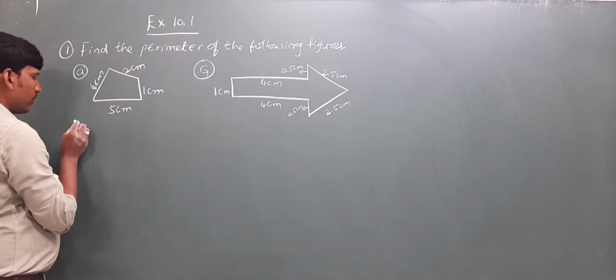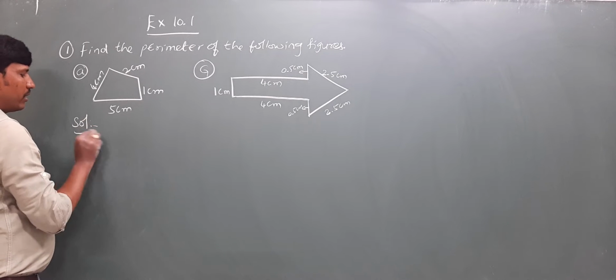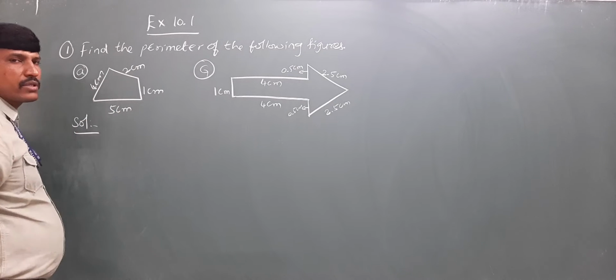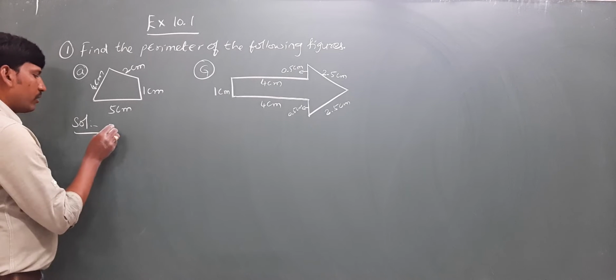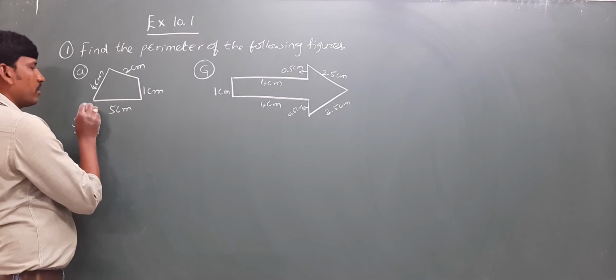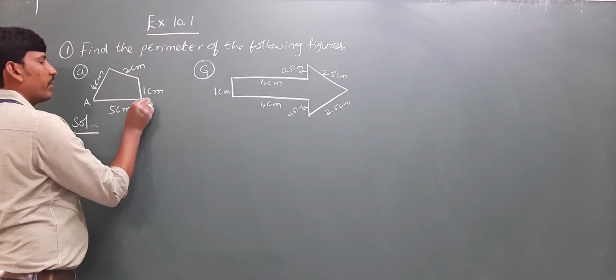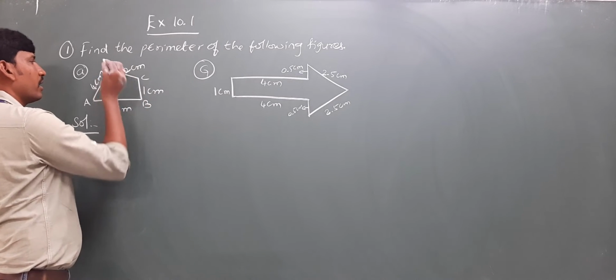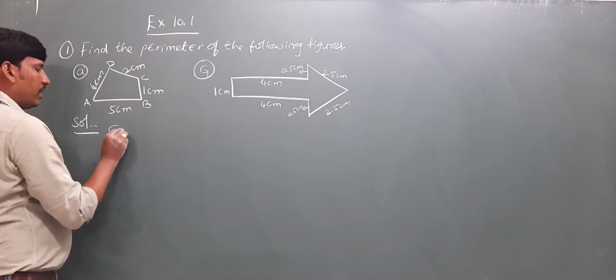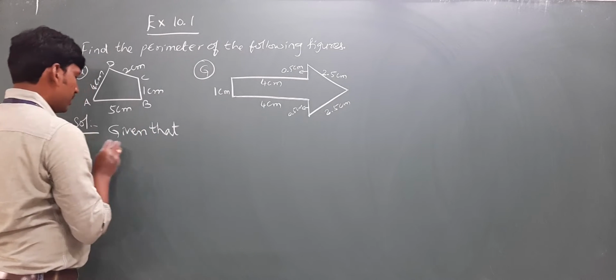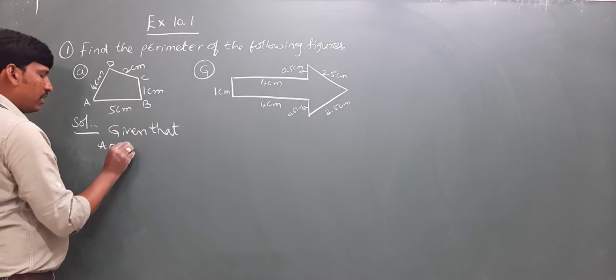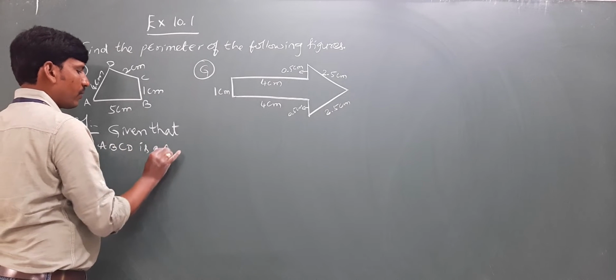I am going to solve this one. For any figure, the sum of all the sides gives the perimeter of the given figure. Now in this, let us give some names. This is A, B, C, D. Given that ABCD is a quadrilateral.